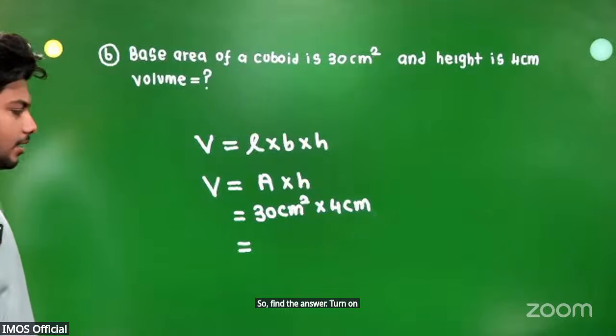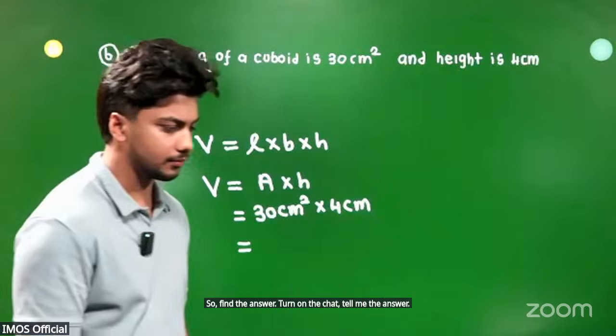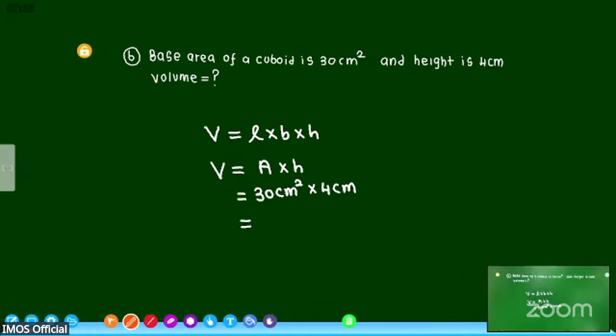Turn on the chat and tell me the answer. 120 cubic centimeters.